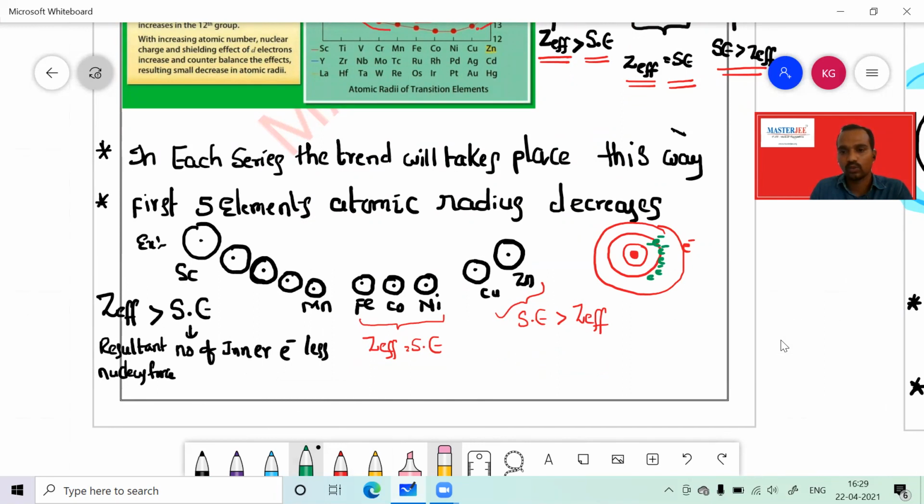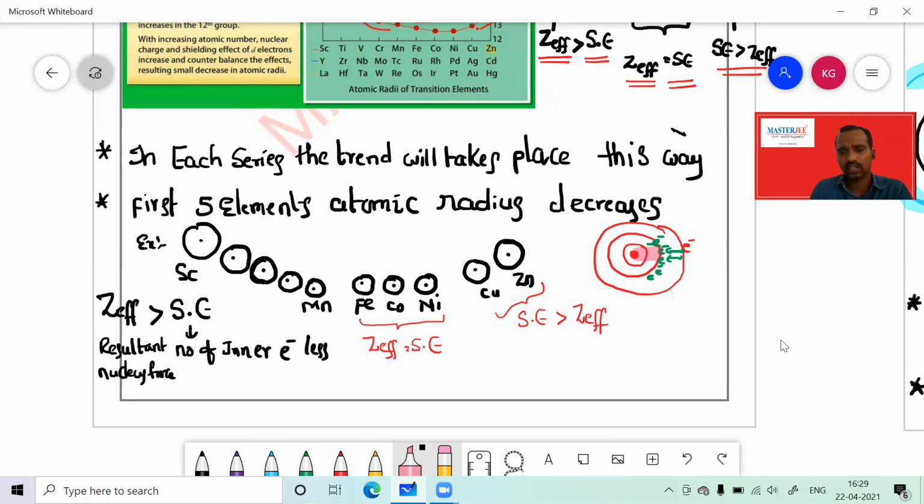The outermost electron repels the inner electrons, so repulsion takes place. In a similar way, the inner electrons do two things: they repel the outermost electron, and they screen the nucleus attraction force.